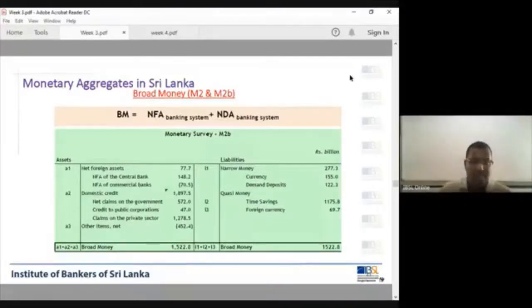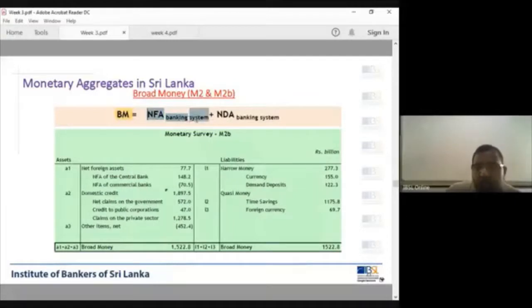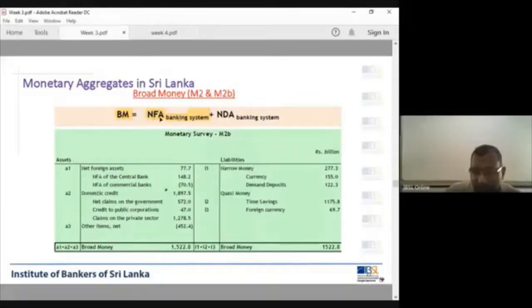That's the purpose. Now I told you broad money is the sum of foreign currency operations of the commercial banking system and central banks, and domestic banking operations of the central bank and commercial banks. So you can call it net foreign assets of the banking system plus net domestic assets of the banking system.